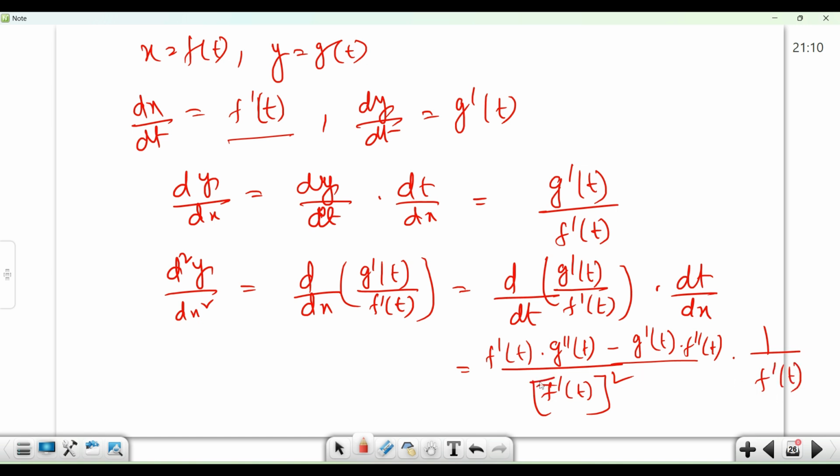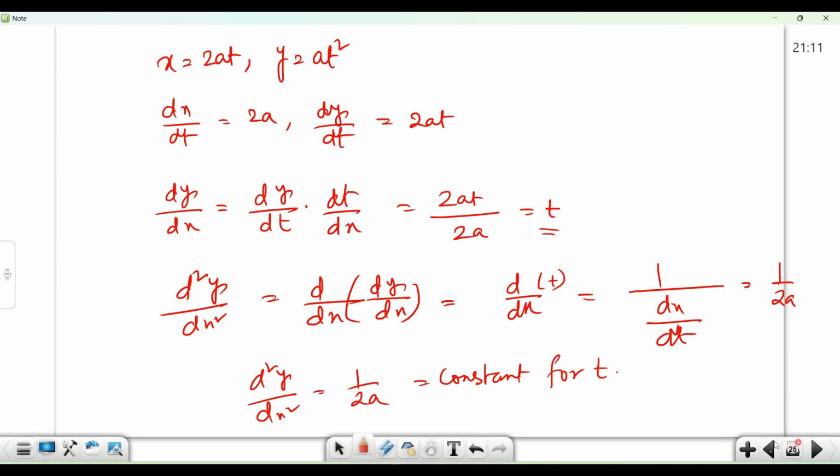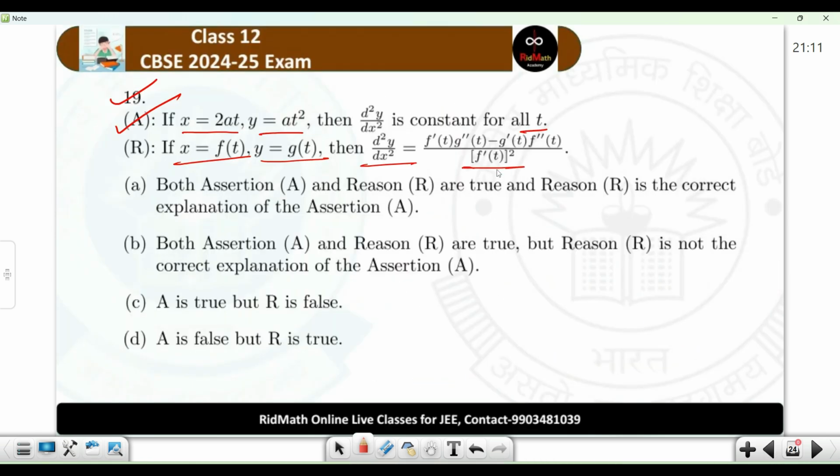So we are getting in the numerator f dash t whole cube, and in the denominator f dash t whole square. So reason is not correct and assertion is correct. So option number C is correct. A is true but R is false.